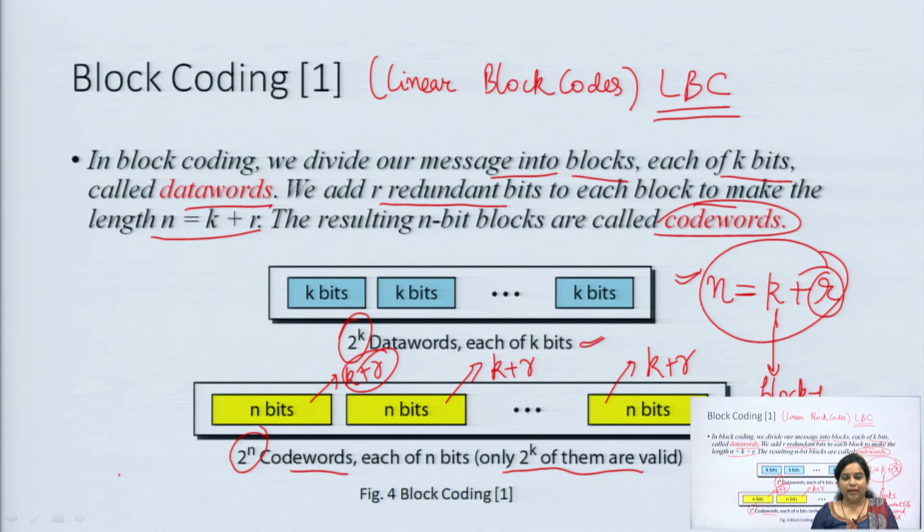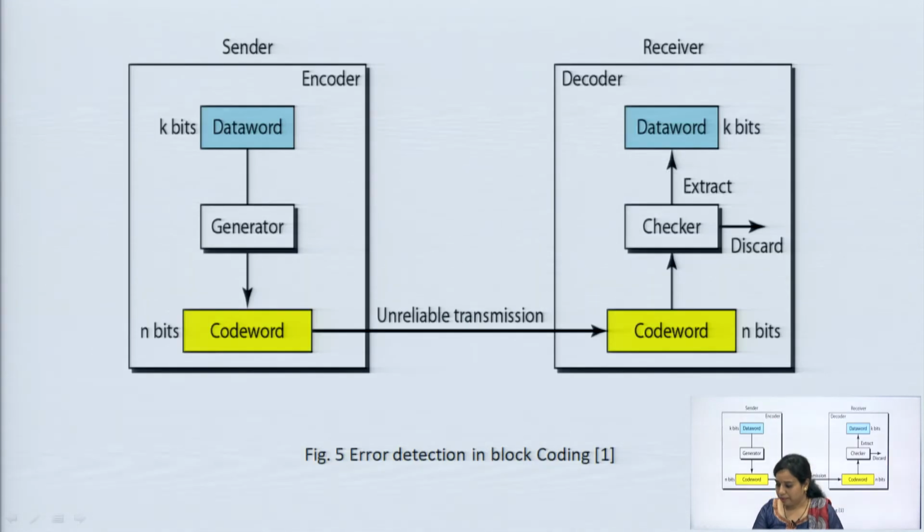So, in the resulting code word, n is equal to k plus r, that is the total number of bits in the code word. Only 2 to the power k of them are valid. So, this is the code word, this is about block coding.